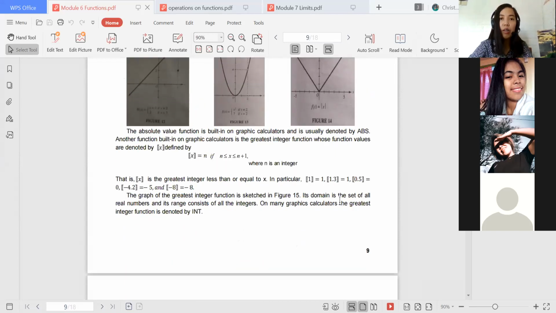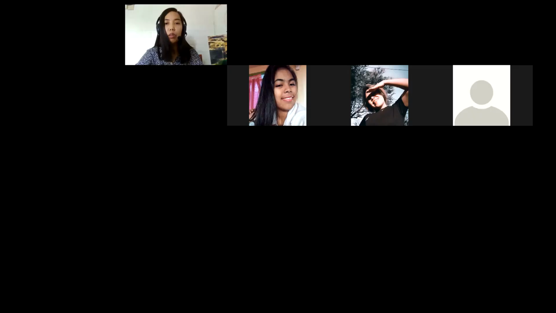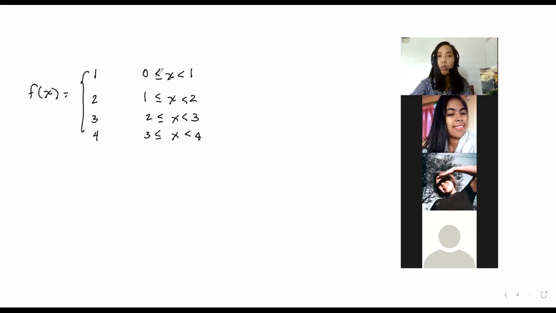So we will have the value of x is between n and n plus 1. Close lagi dito. The value of x is between n and n plus 1. Kaya dito, sa example natin, we have here, close dito, open dito.